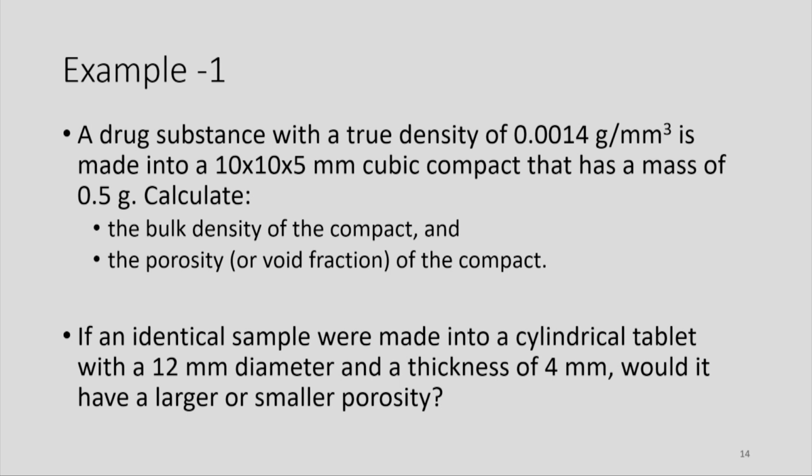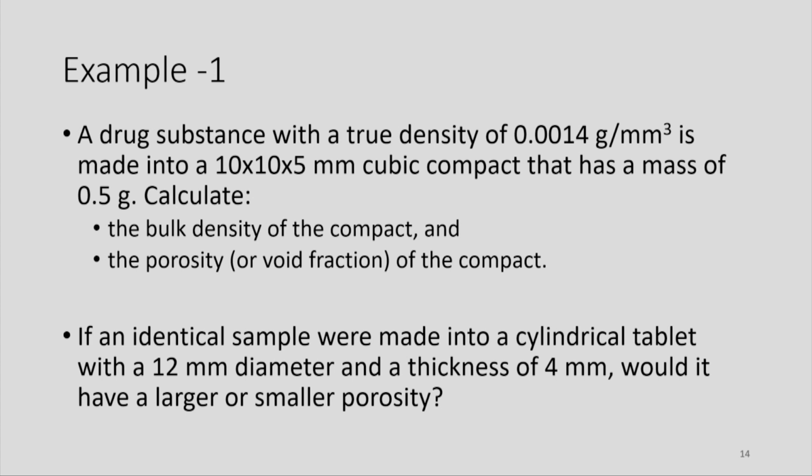So which one has a low porosity, cubic or cylindrical compact? You don't have to do lots of calculations here, okay? What's the volume of a cube here? 500, right? So what's the volume of a cylinder here?